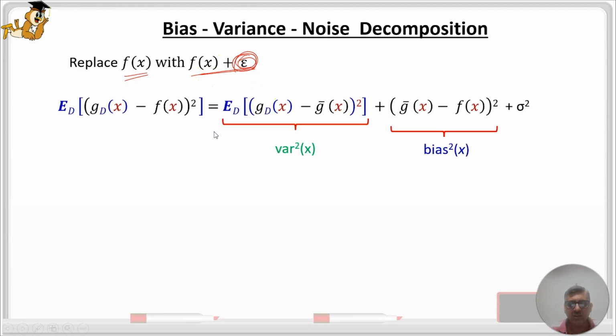And with those two assumptions, I will leave this as an exercise for you. You can show that this particular quantity that we were dealing with, if you replaced f of x with f of x plus epsilon and made the assumptions on epsilon that I just spoke about, your variance and bias terms would come out as they are, plus epsilon square, which is the energy of the noise.